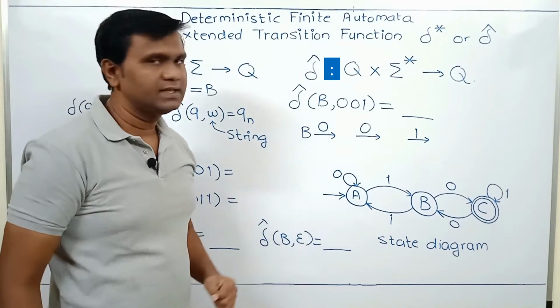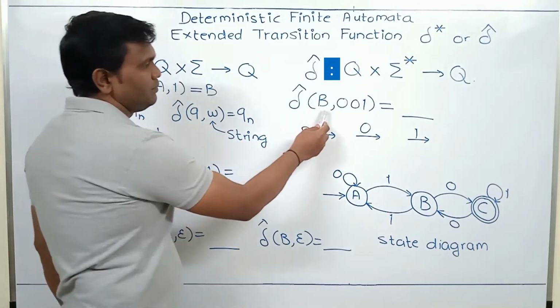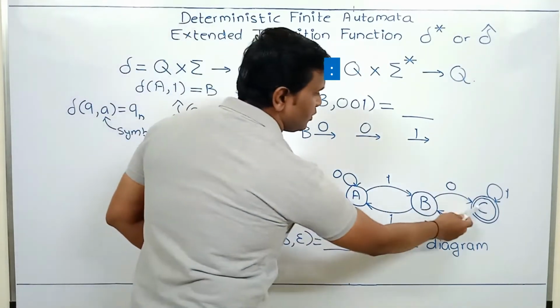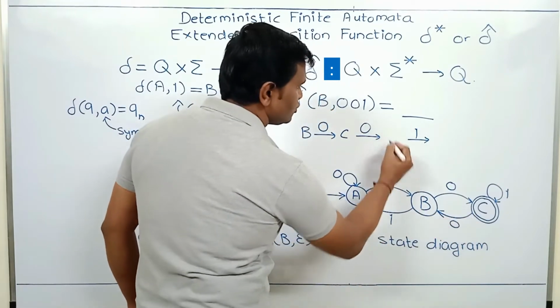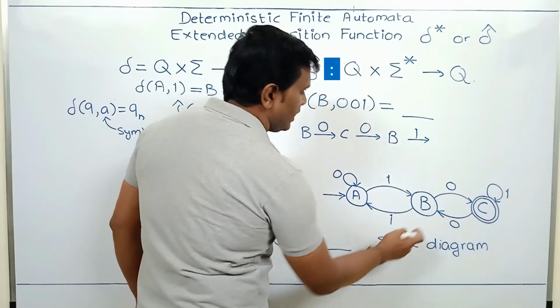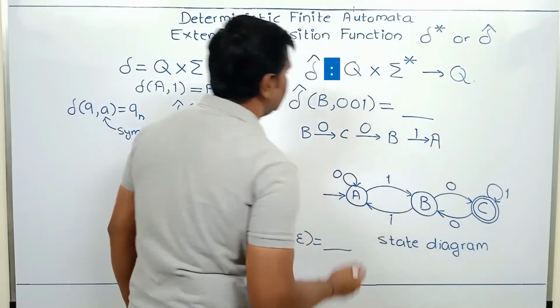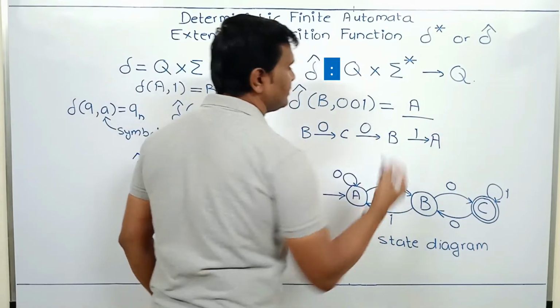Now let's understand this using one example. So what is delta cap(B, 001)? B on 0 goes to C, C on 0 goes to B, and B on 1 goes to A. So delta cap(B, 001) is A.